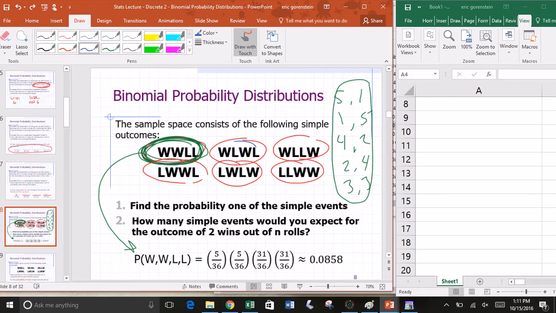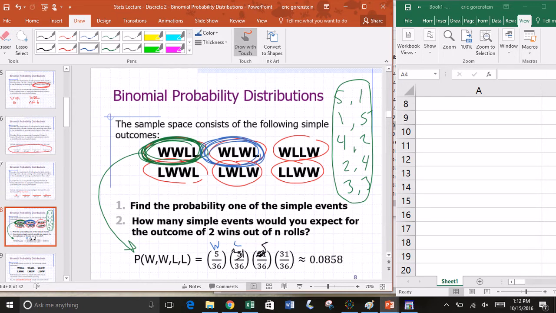If I look at the second case, well, the first win would be 5 out of 36. The next loss, we would have to change this to 31 out of 36. The next win, we would change this to 5 out of 36.